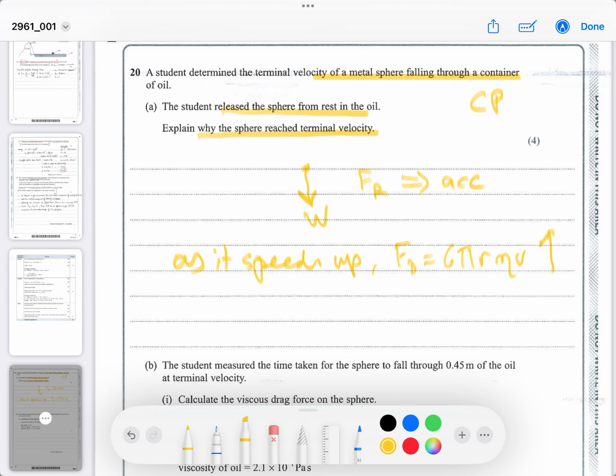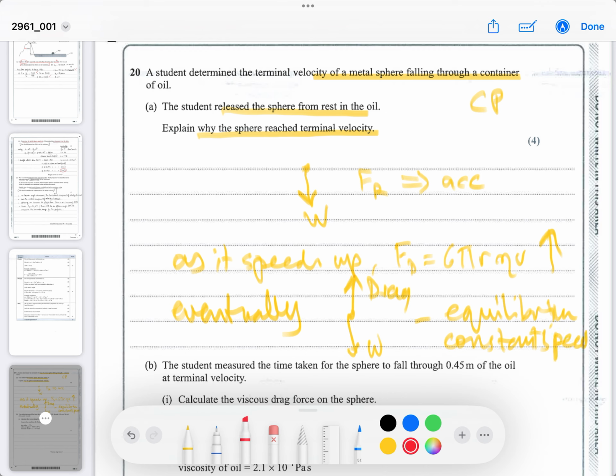So the drag increases, and eventually the weight, which doesn't change, will be equal to the drag. You get equilibrium, and you reach constant speed. And that constant speed is called terminal velocity.